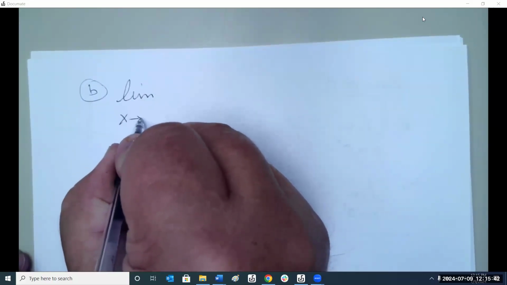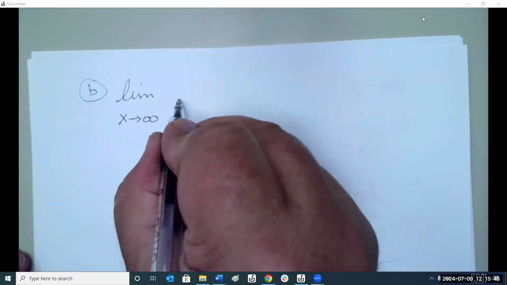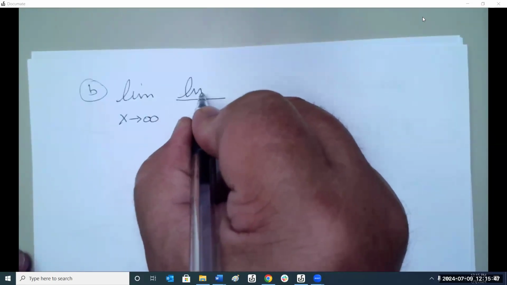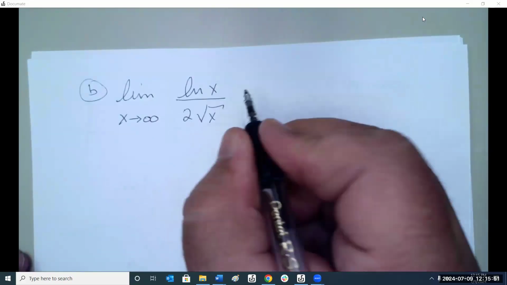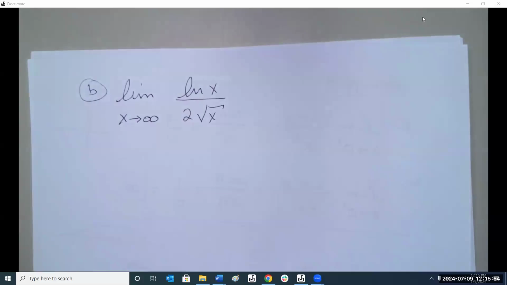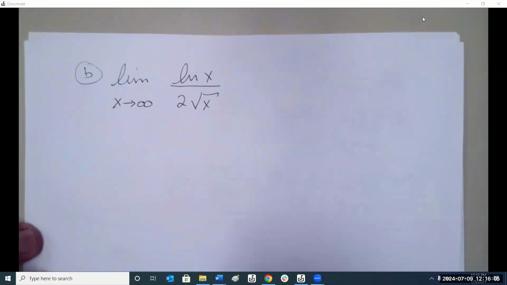And B. The limit as x approaches infinity of natural log of x over square root of x. All right, so what do we do first?